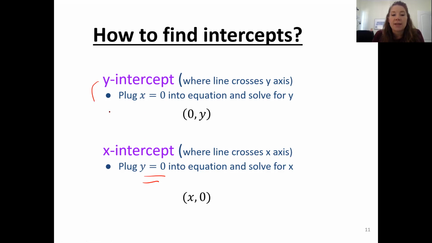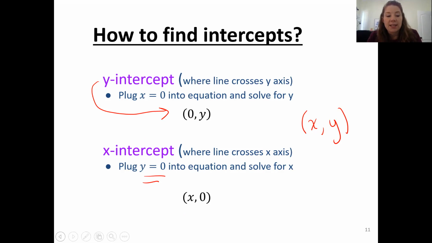Okay, so they're kind of like opposites. The y-intercept means x is 0. The x-intercept means y is 0. And I should have said this earlier, that ordered pairs are always written in the form x, y. So you can remember that because in the alphabet, x comes before y. So we're going to plug in 0 into the opposite variable when we're finding one of the intercepts.